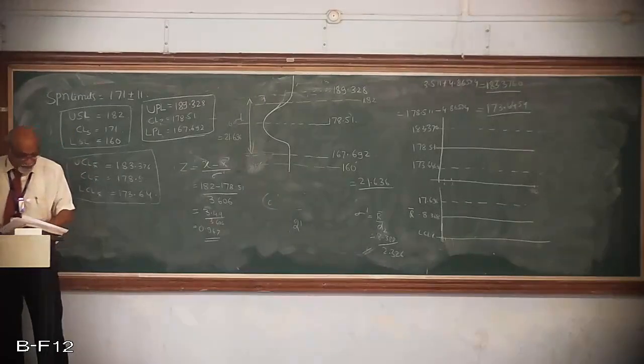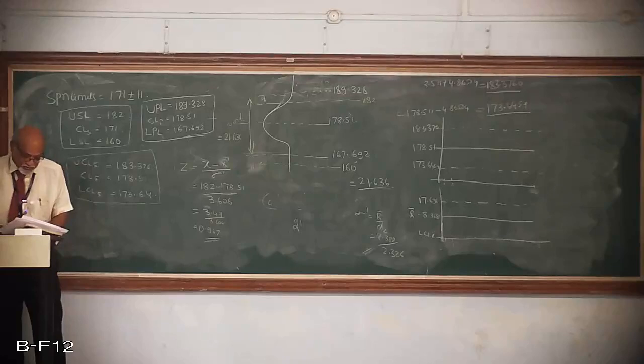So corresponding to 0.967, that is 0.96 plus 0.007, in this table something is wrong, he has given 0.96.